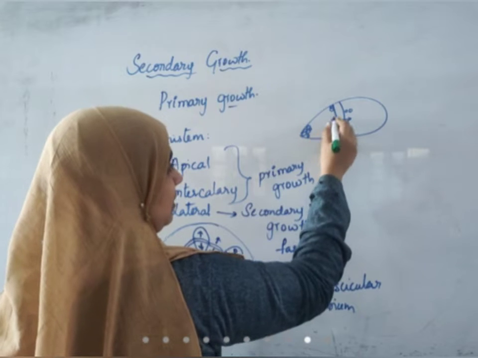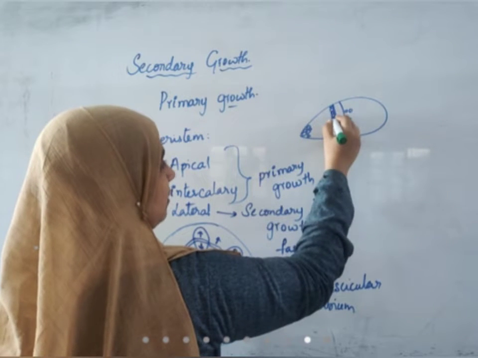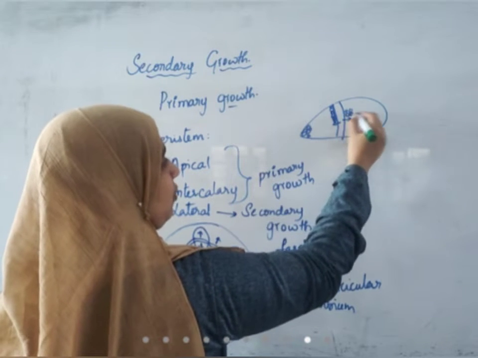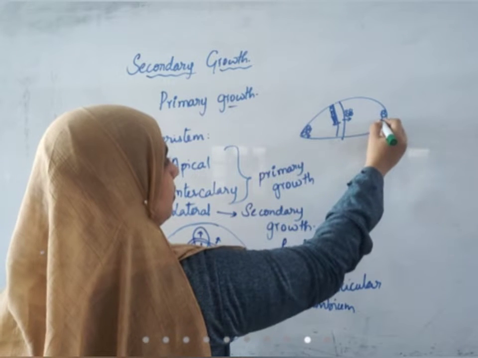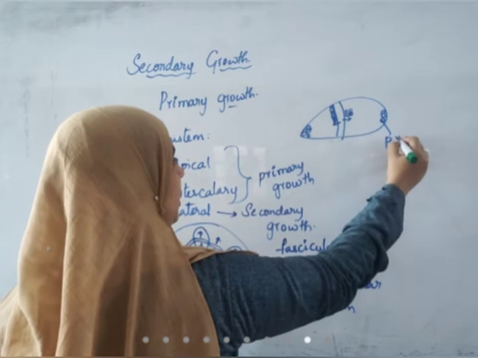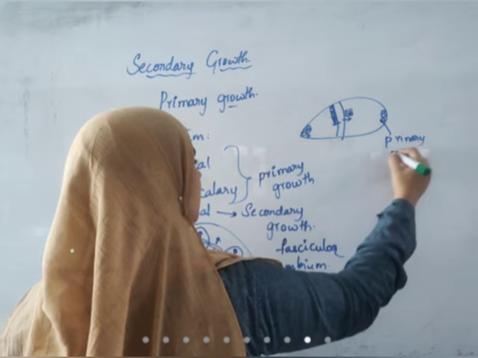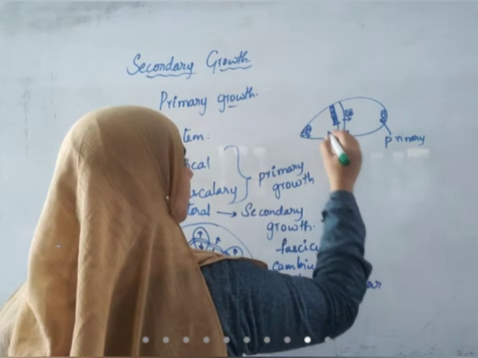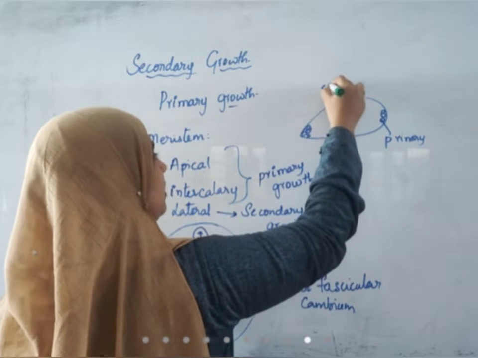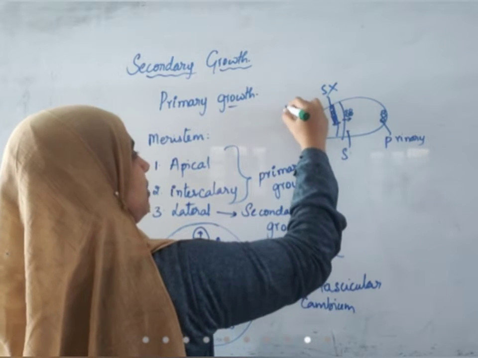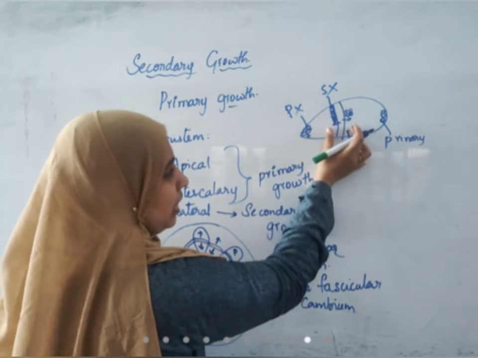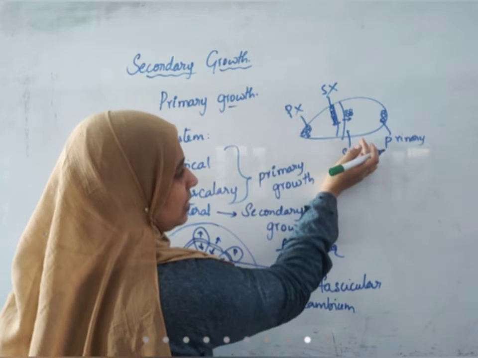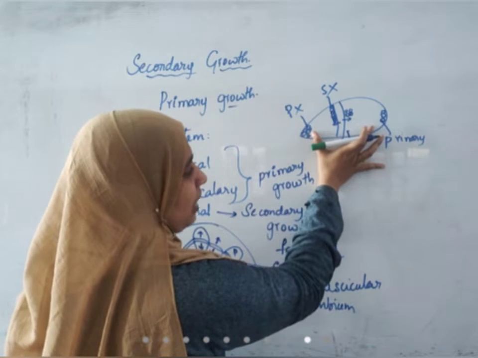This is primary xylem, this is secondary xylem. This is primary phloem, this is secondary phloem. In the same way, this is secondary xylem, this is primary xylem. That which is near the cambium is secondary, that which is far away from the cambium is primary.